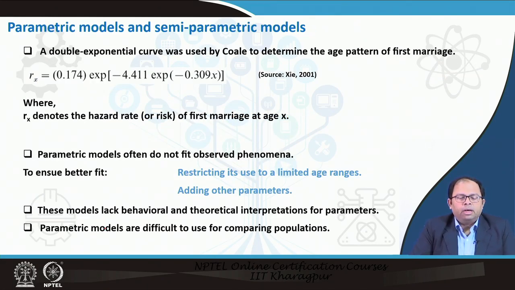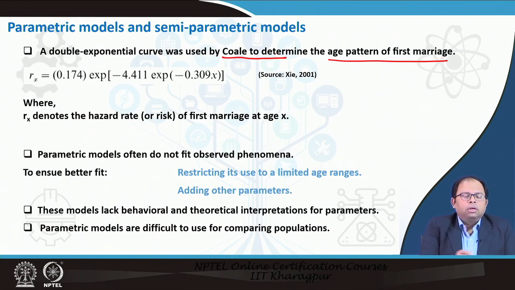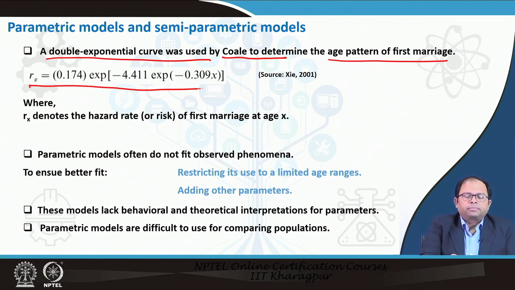Similarly, for determining the age pattern of first marriage, Coale made or suggested a double exponential curve function, and as given over here, two exponentials are taken.